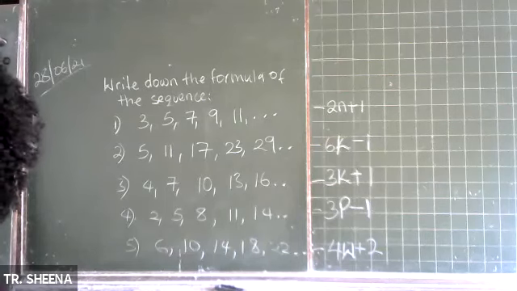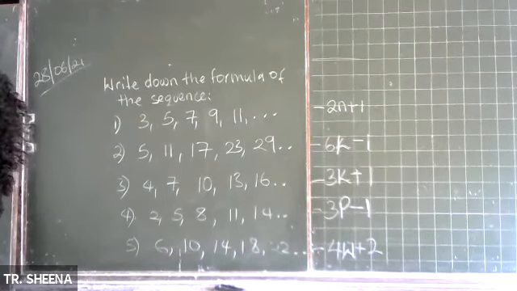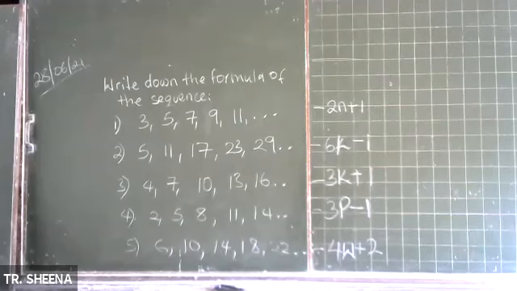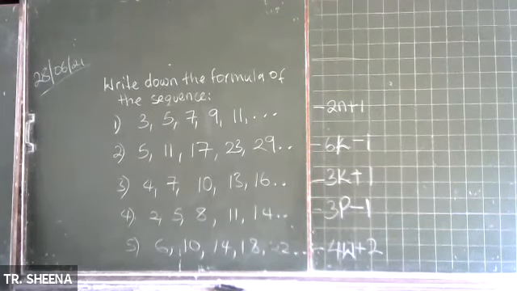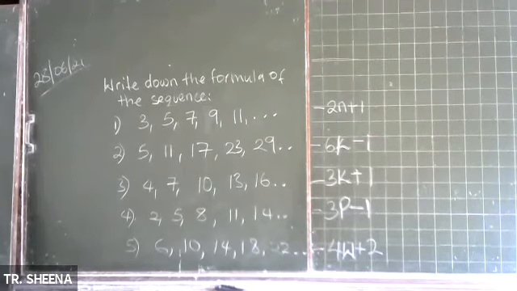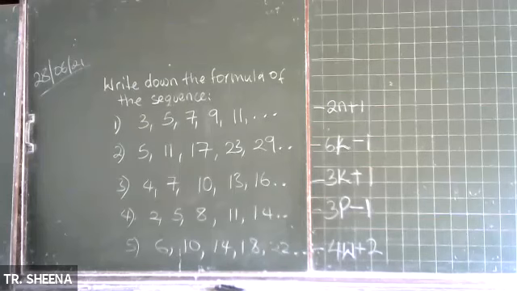I'm seeing Rihanna has the same sequence as Henry. Melissa, we are not finding next numbers. We are finding the formula. Okay, Purity has the same sequence also.